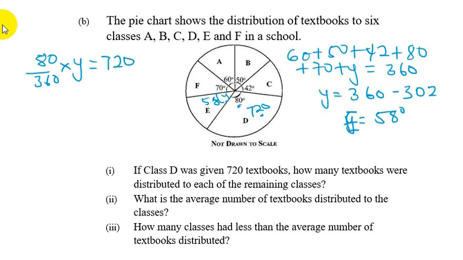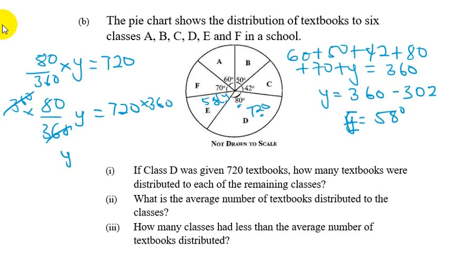You get it? So now what do we do? We have to clear the fraction. So we are going to get 80 over 360 y being equal to 720. So how do we clear the fraction 360? We multiply here by 360 and multiply here too by 360. So 360 and 360 will go away.